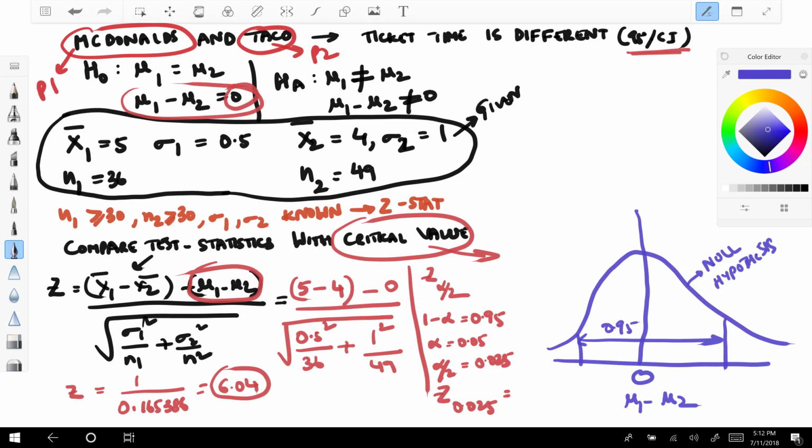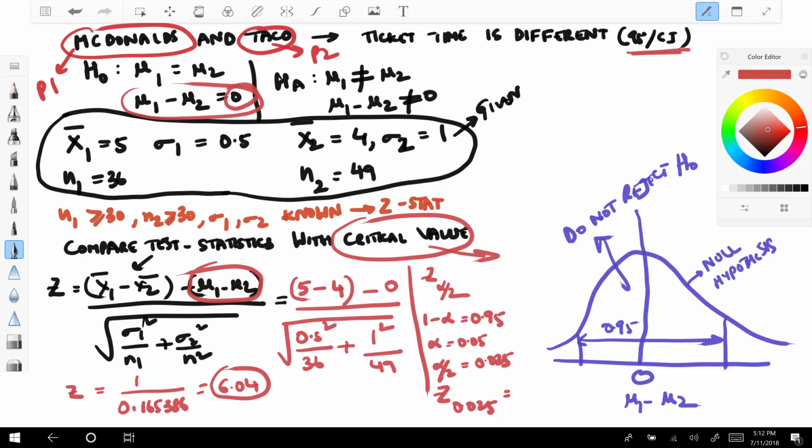So in this region, we say do not reject null hypothesis. Null hypothesis would be true in this region. So do not reject H null.